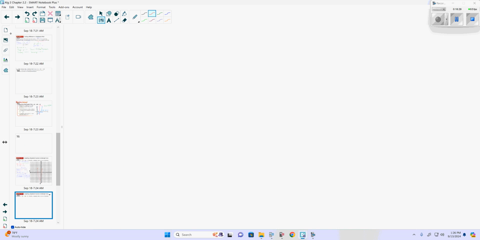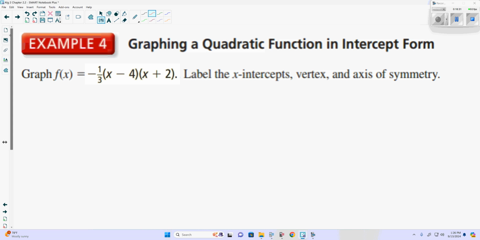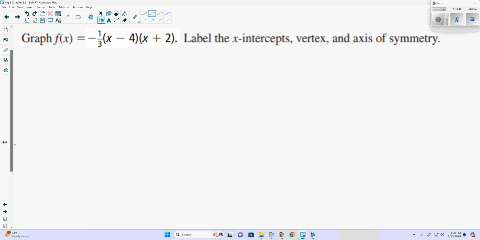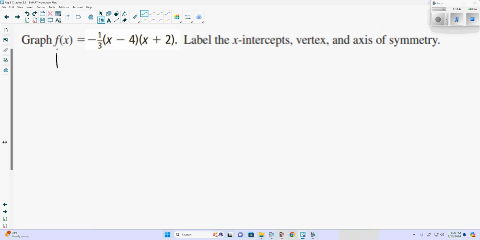Let's look at the next one. The graph f of x equals negative 1/3 times x minus 4 times x plus 2. So, comparing it to the general form, first thing it'd be good to find is p and q.